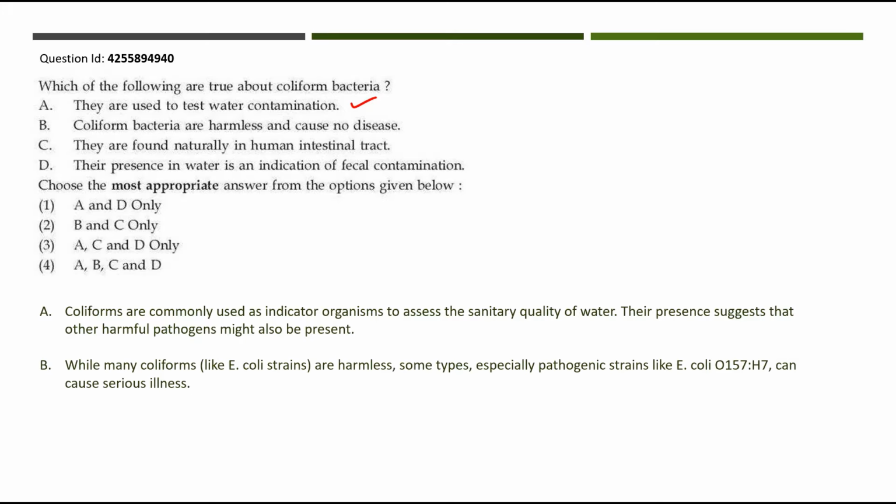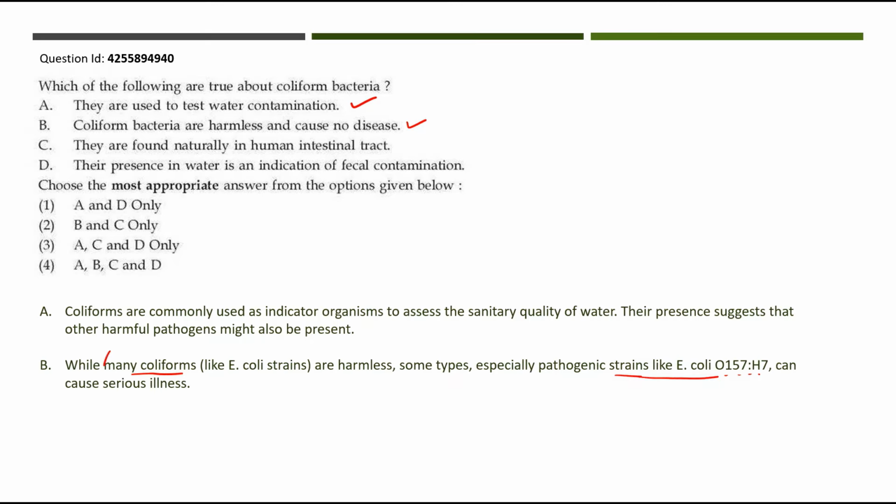While many coliforms like Escherichia coli strains are harmless, some types, especially pathogenic strains like E. coli, this one, can cause serious illness. So we are going with most coliforms are harmless. So we can say that even B is true. These are just exceptions.